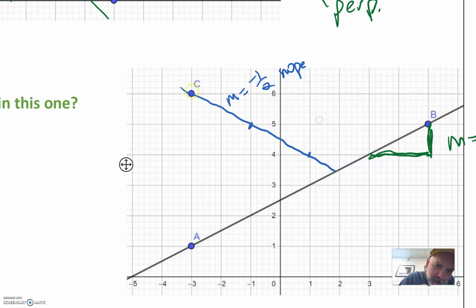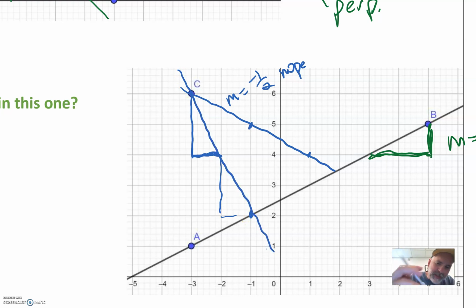What we need to do is not go down 1/2. We need to go down 2/1. There we go. We need a steep slope. When I draw that one, it looks perpendicular.